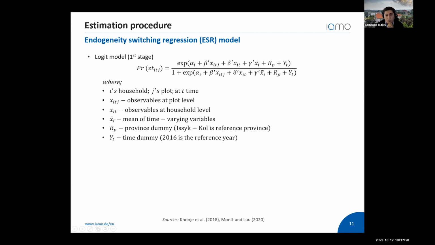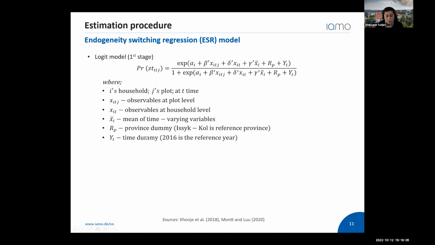According to the Mundlak approach, the means of time-varying variables are calculated, and these variables are also added to the logit model. Furthermore, we also add province and time dummy variables to test the differences of zero tillage adoption across provinces and across years.